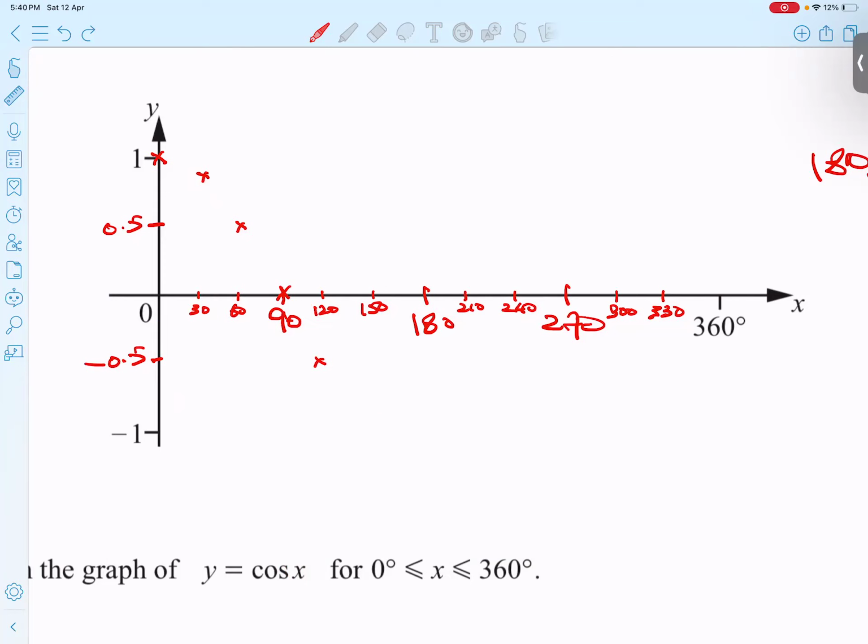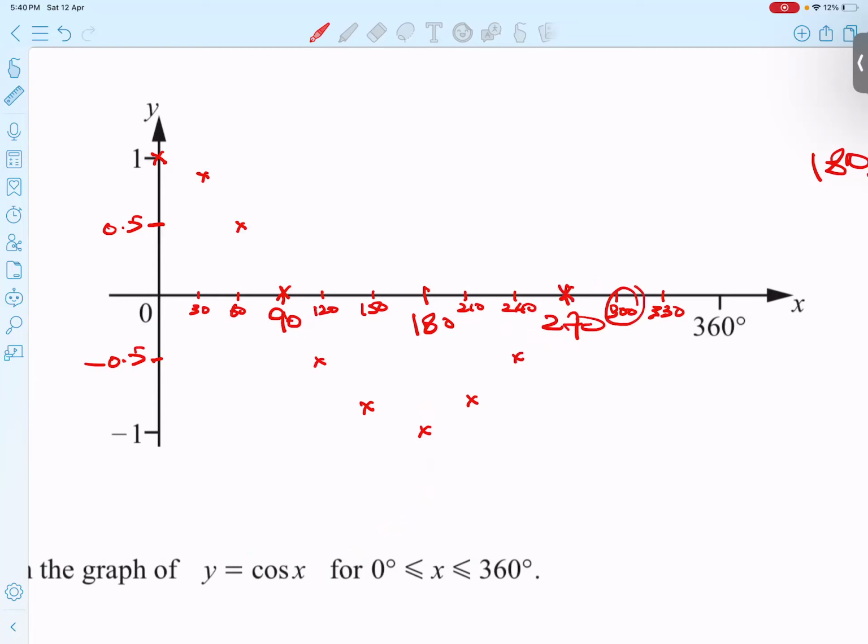So I believe you people are understanding. Now against 180, when I plug it in here, I'll get a sharp negative 1. Against 210, I will get again negative 0.866. Check it. Against 240, I get again negative 0.5. Against 270, I'll get again 0.